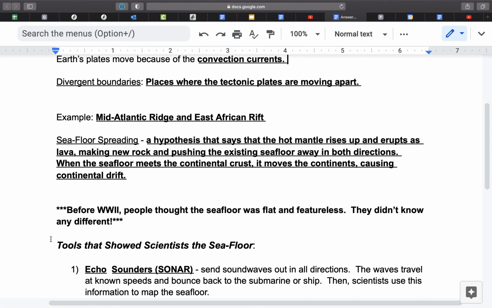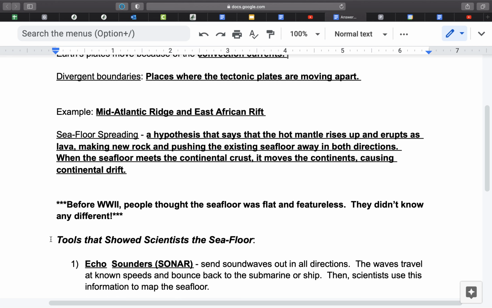They'd take that measurement, and then they would drive another distance, drop that weighted rope again, and take that measurement. Obviously, by doing that, you can see how a lot of detail could and oftentimes did get lost by using that kind of rope method to figure out what the seafloor looked like.